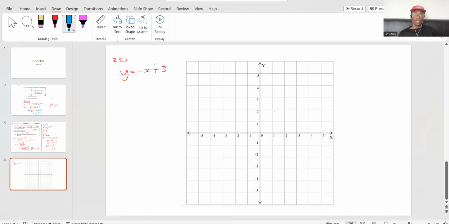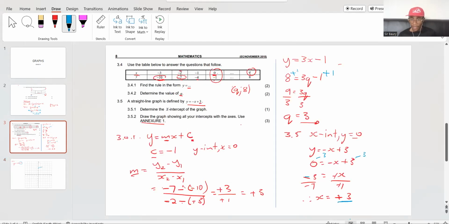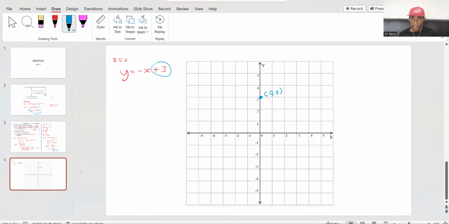I know this is the y-intercept, so the y-intercept is 3. I'm going to have a point here at 0, 3. Remember, x is equal to 0 at the y-intercept. And then I have the x-intercept at 3, 0, where the graph cuts the x-axis.